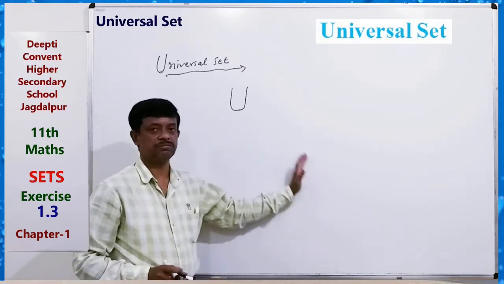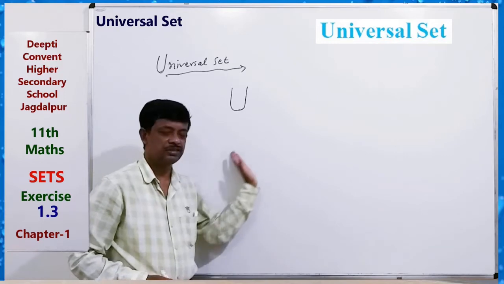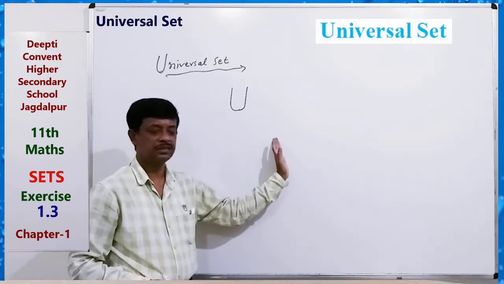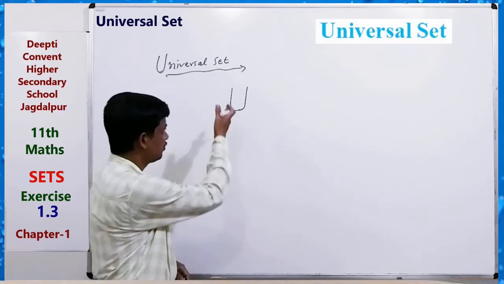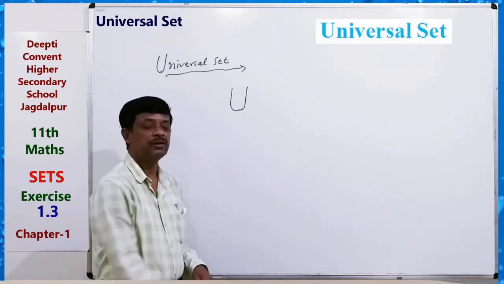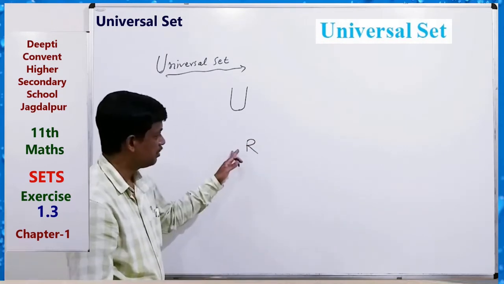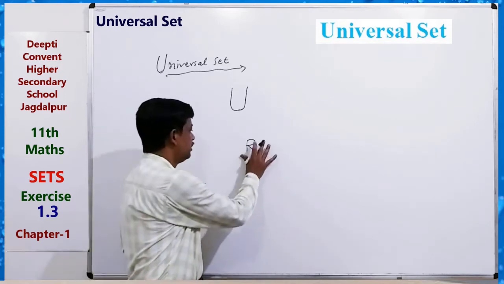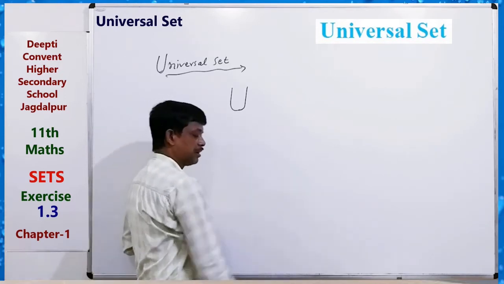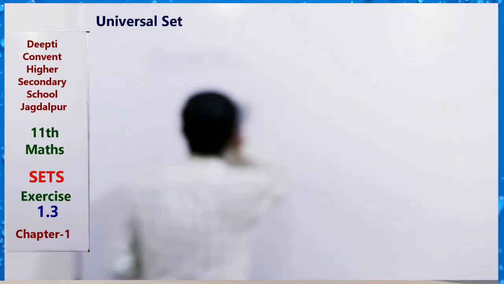If our sets involve natural numbers, integers, rationals, irrationals, then our universal set may be the set of real numbers, because this is a superset of all those sets. Okay? So this is the universal set consideration.